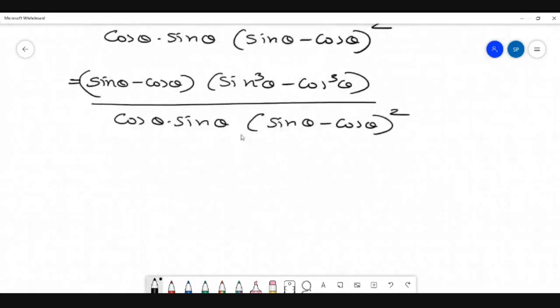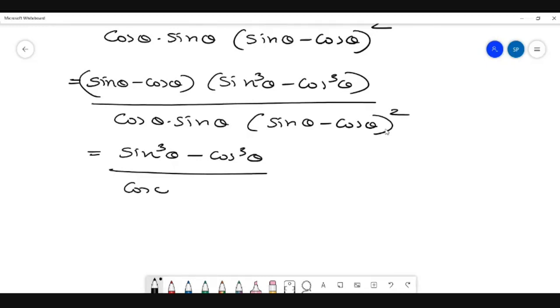I can cancel one sin theta minus cos theta from here. That is sin theta minus cos theta here, and sin theta minus cos theta the whole square here. So let us simplify the expression as sin cube theta minus cos cube theta divided by cos theta into sin theta minus cos theta.